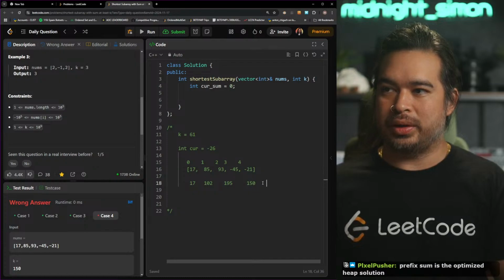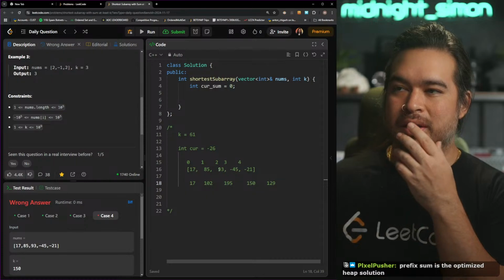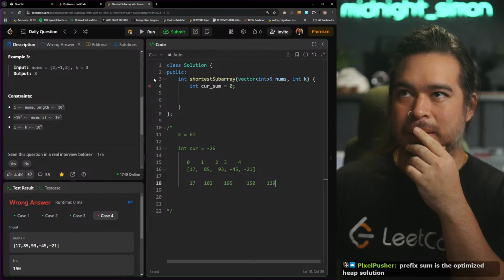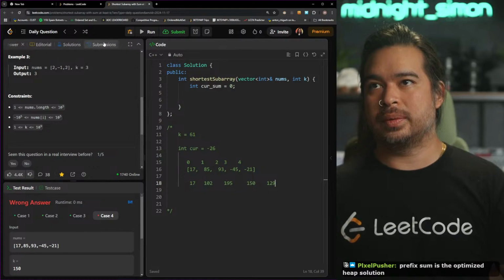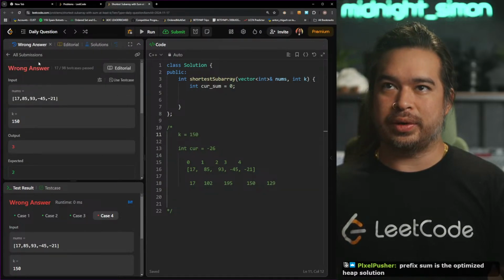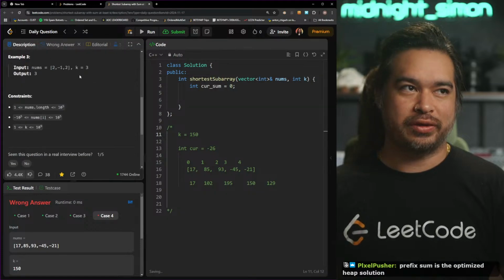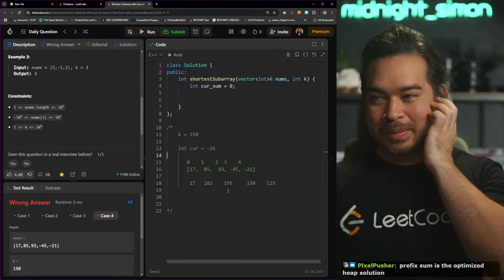And then that would be 129. Wait, what was the thing? They're looking for a K of 150 for that one. Man, this problem's too hard for me. Which is not a good look right before the dang contest, man.